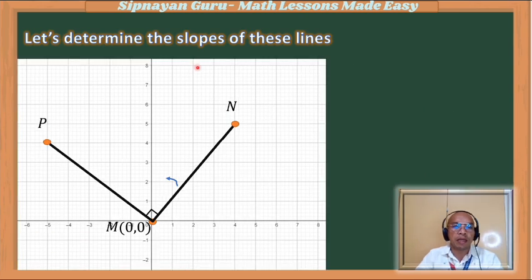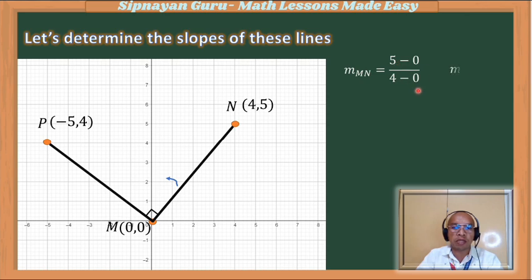Now, let's verify their slopes, supposing that we indicated the units in the Cartesian plane. So the coordinate of point N is 4 and 5. The coordinate of point P, negative 5 and positive 4. The slope of MN would be 5 minus 0 over 4 minus 0, and the slope is 5 over 4.